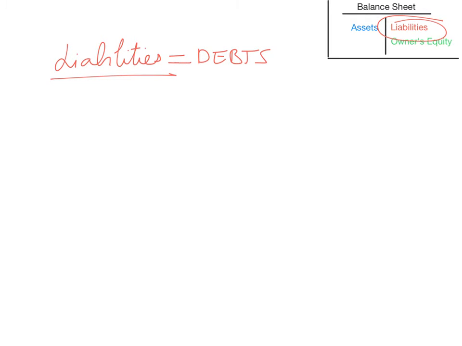So now the second element of a balance sheet, liabilities. Liabilities are nothing else but the debts of the company. And each type of debt is listed separately. So you would see accounts payable, and these happen whenever a company purchases items, supplies, or equipment, or even services on account, meaning the service is rendered or the equipment delivered, but the payment is to be made at a future date.